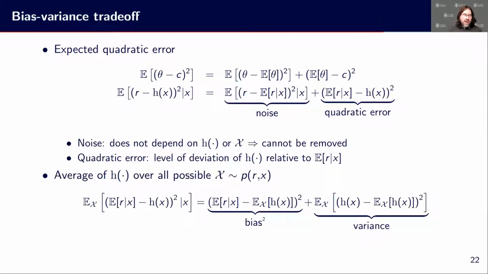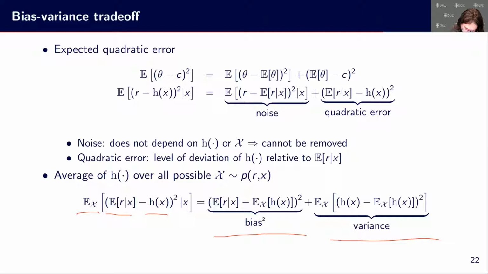We can look at the average of H over all possible data sets, since our data sets are coherent with the likelihood of R and X. So we can look at the expectation over all data sets, like we used before with the bias-variance decomposition. The expectation over all data sets of the expectation of R given X minus the prediction, squared, can be developed as the bias squared plus the variance.